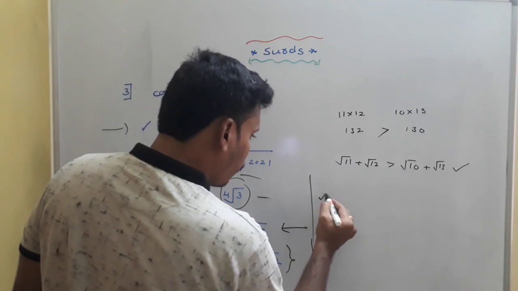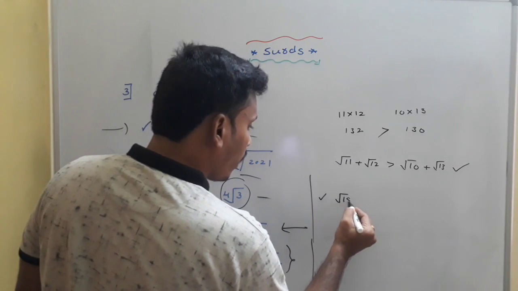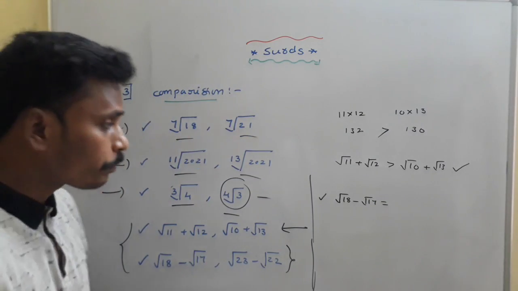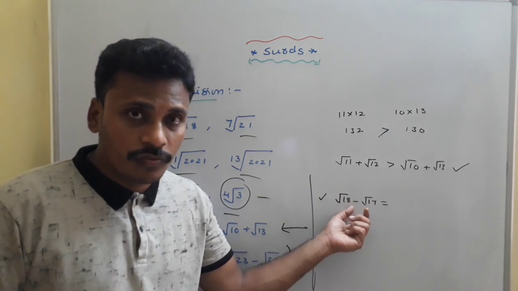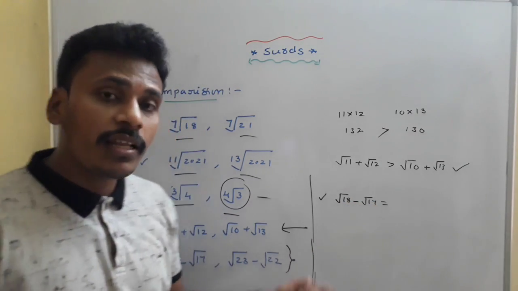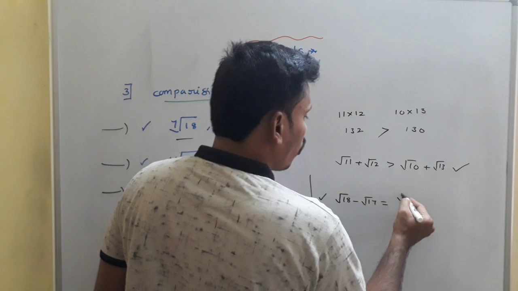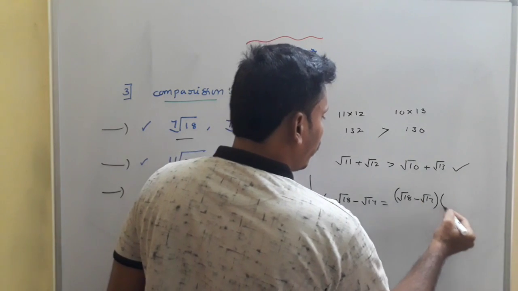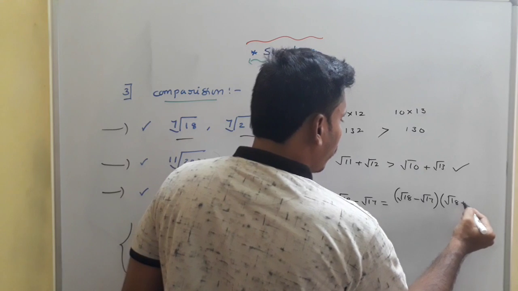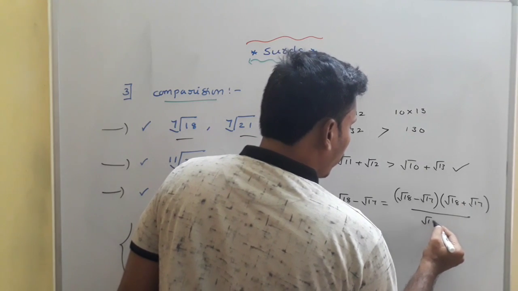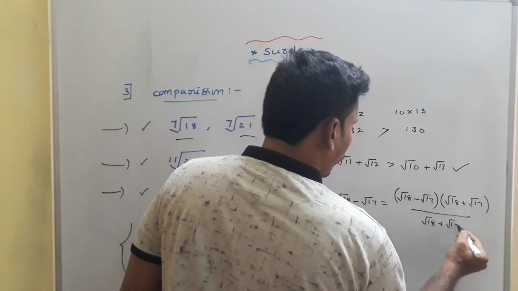See, consider the first surd, which is root 18 minus root 17. What I do is, I will multiply this root 18 minus root 17 with root 18 plus root 17 and then I will divide. So, root 18 minus root 17 into root 18 plus root 17 divided by root 18 plus root 17.